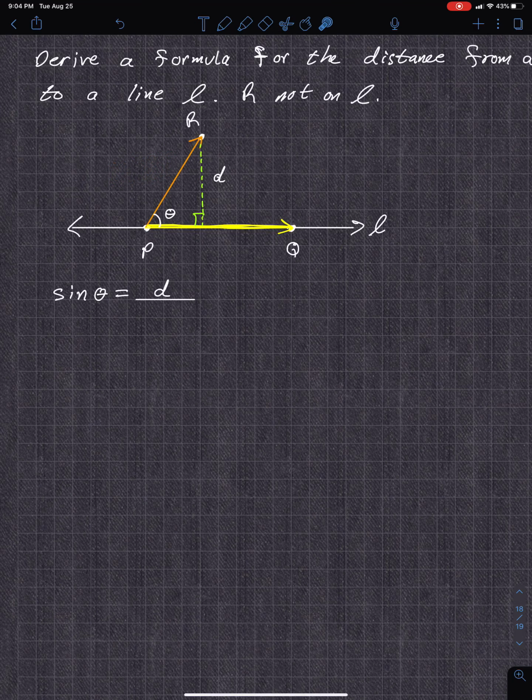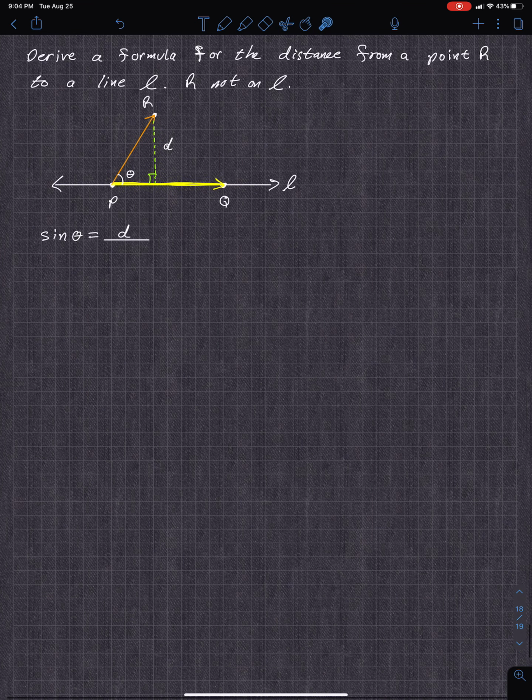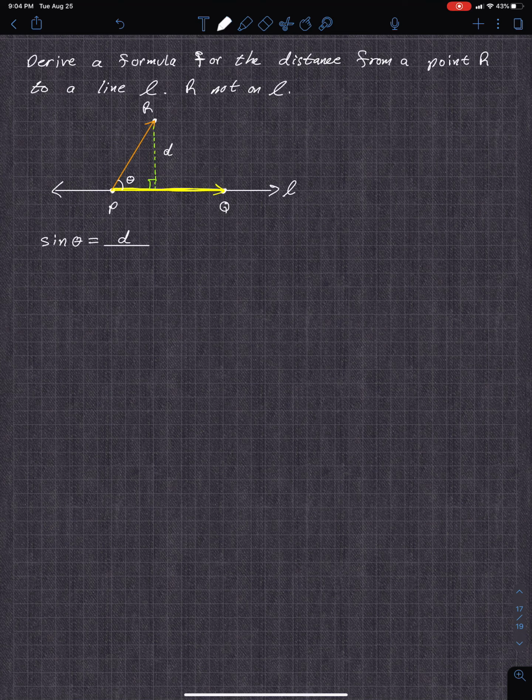Okay, so that means what we want to do then is define some vectors.